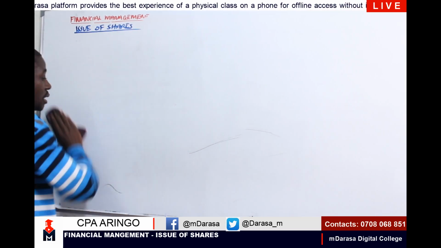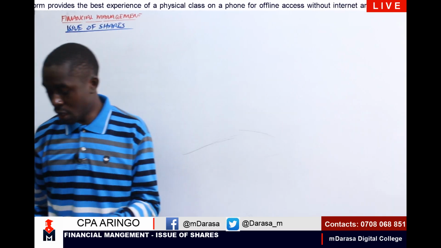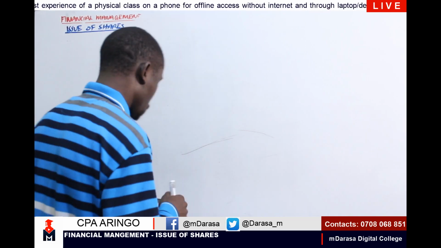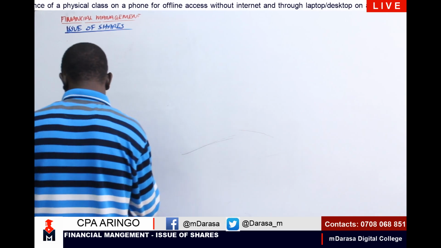In the event that we are required to determine the number of shares to be issued, how will we go about it?